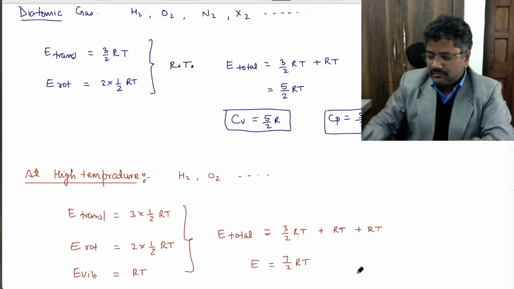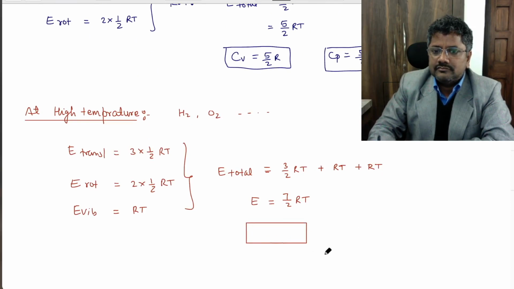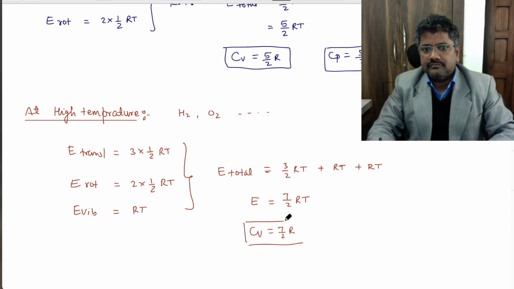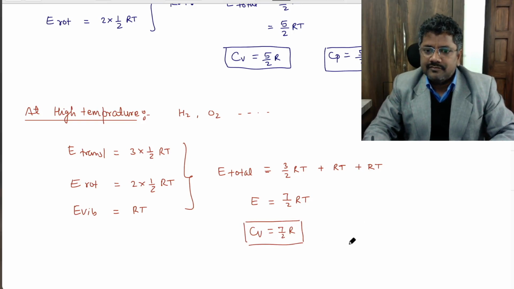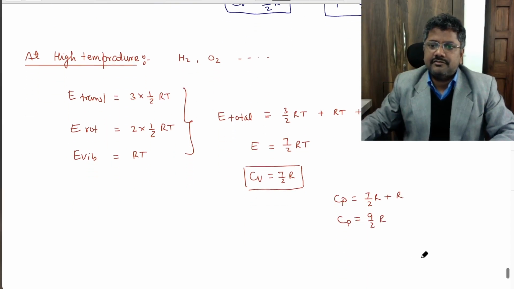E total. So CV is equal to 7 by 2 R. So CP is equal to 7 by 2 R plus R, 9 by 2 R.